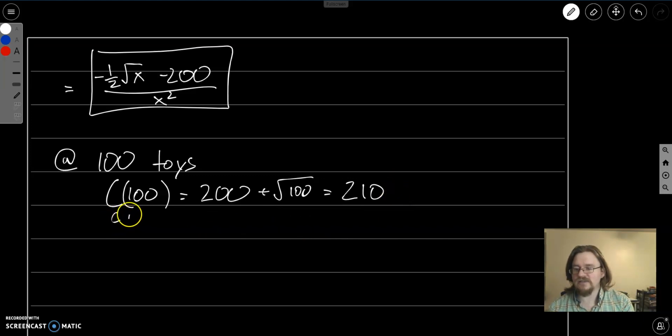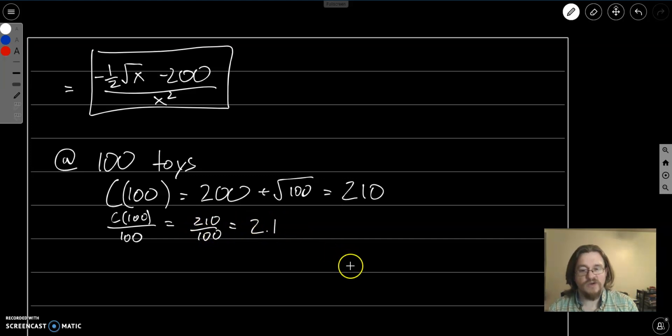The average cost, we're going to divide by 100. So it costs an initial cost of $200 to start making toys, but then for each additional toy, it only goes up a little bit. So the average cost here, after we divide by 100, is going to be 2.1.